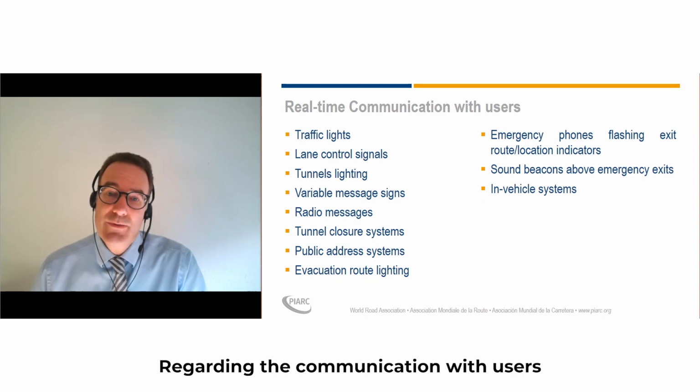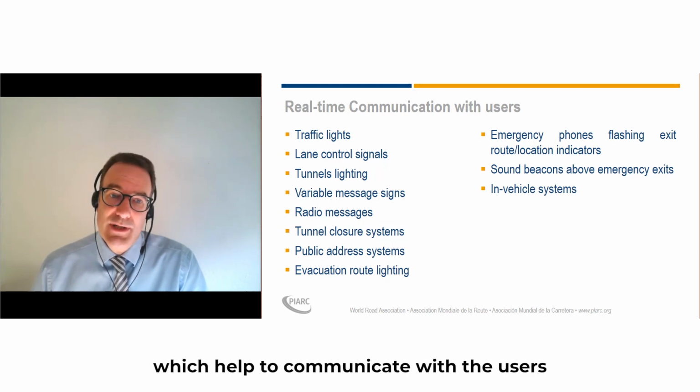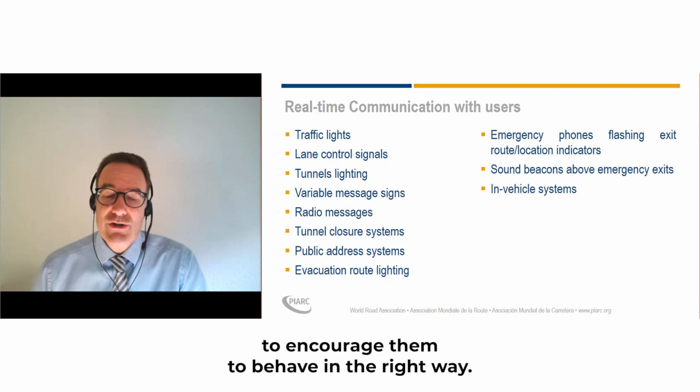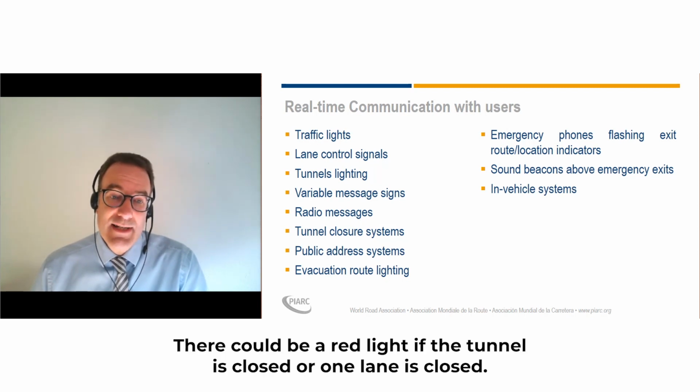Regarding the communication with users, there is a lot of different safety equipment in tunnels which could help to communicate with the users to encourage them to behave in the right way. So we have traffic lights in front of the tunnels. There could be a red light if the tunnel is closed or one lane is closed.